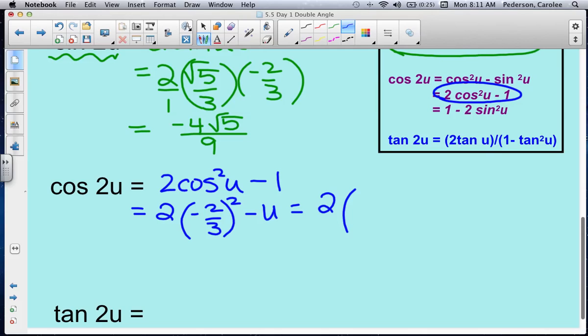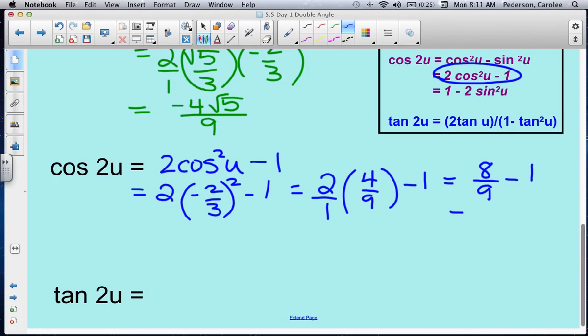So negative 2/3 times negative 2/3 is 4/9, and then minus 1. Then multiply across. 2 times 4 is 8/9, and then minus 1. And then I'm going to just change that 1 to a 9/9. So we're left with negative 1/9 is the value of cosine of 2u.